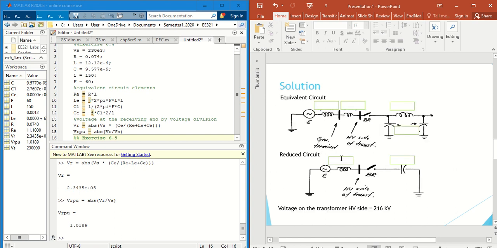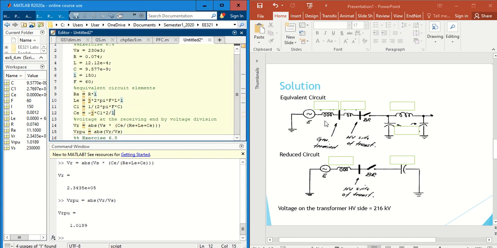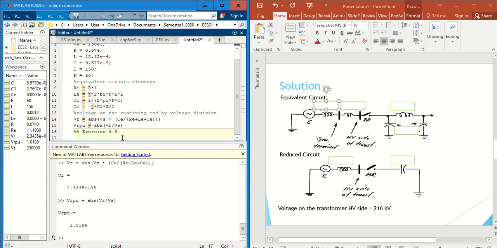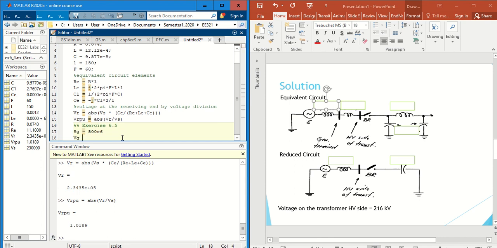So the first thing that we are going to do here is, again, find the equivalent circuit. So our equivalent circuit would look something like this. Let's start. Again, let's put down all the information that is given. The apparent power of the generator is 500 megawatt, so it's times 10 to the power 6. Voltage is given as 20 kilovolts.